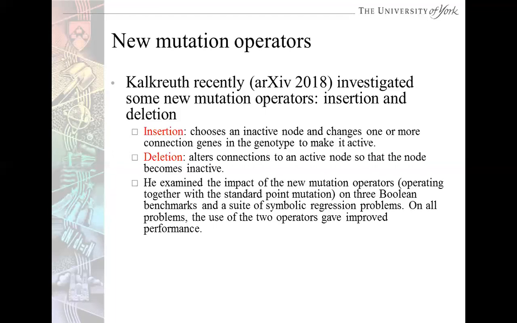It alters the connections to an active node so that the node becomes inactive. And he examined the impact of these operators together with point mutation and found that the combination was more effective than point mutation alone. He did this on 3 Boolean benchmarks and a suite of symbolic regression problems. But obviously, we need more detailed studies on a wider range of problems to evaluate these operators.